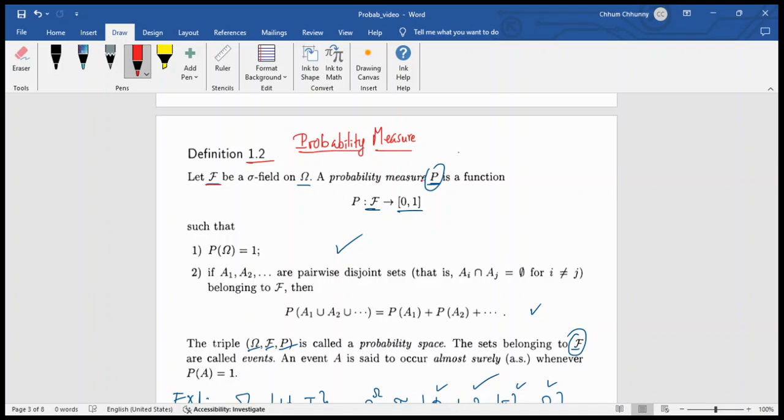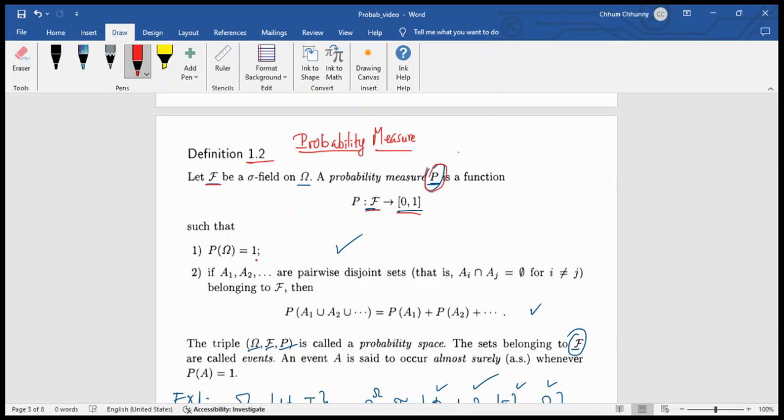Then a probability measure, which we denote by P, is a function or a mapping from the sigma field F to the real interval [0, 1]. But it's not just a simple mapping. We can call this mapping a probability measure if it satisfies these two conditions.